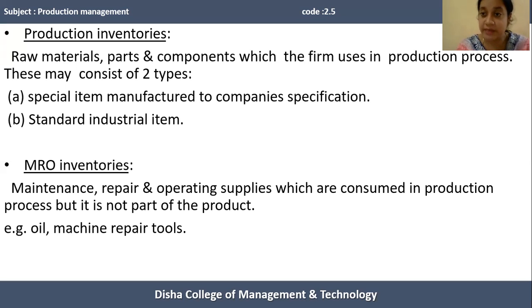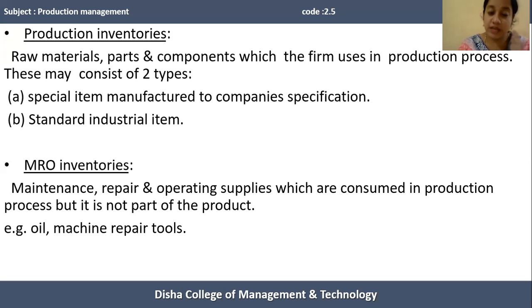These means the tools, the oil, the lubricant oils, fuels, which are necessary for continuing or running the machines, and which help in production and support the production process. They don't directly contribute to manufacturing a certain product, but they support the production process.